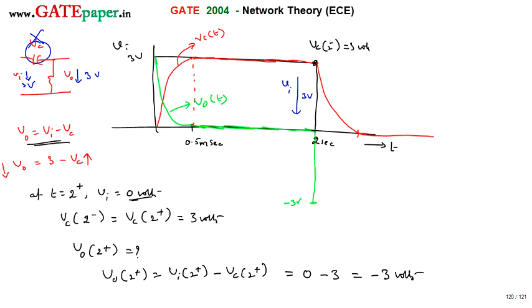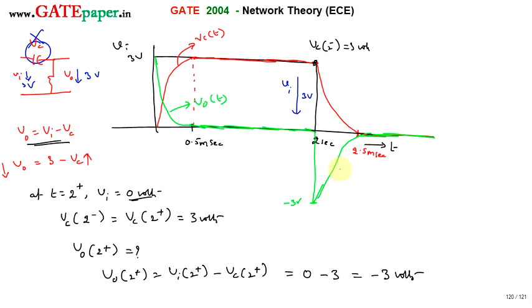To discharge entirely it requires 0.5 milliseconds, so it will be taken as 2.5 milliseconds. By the time it reaches 2.5 milliseconds, the capacitor discharges to 0 volts, so that the output voltage reaches 0 volts by that time.